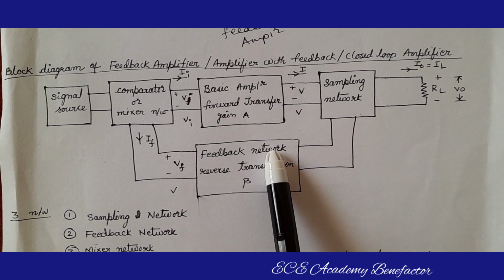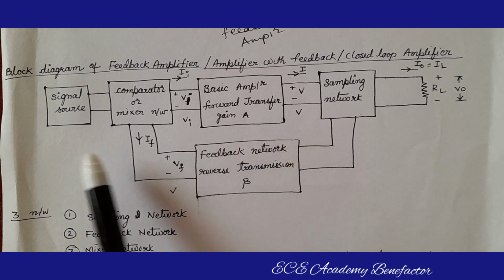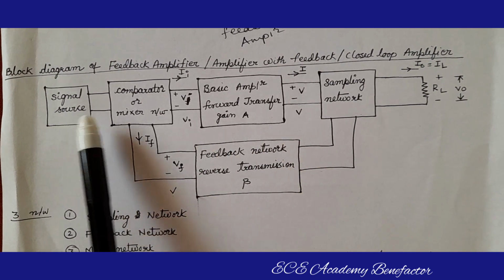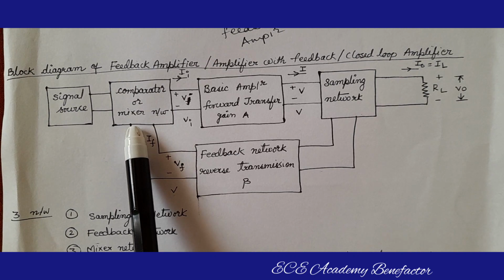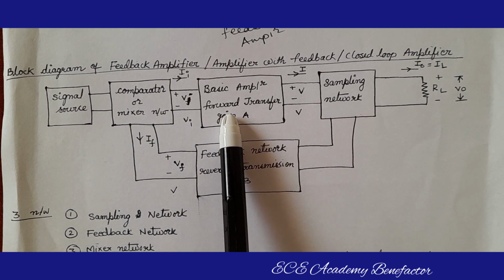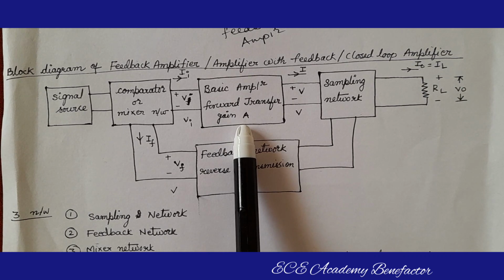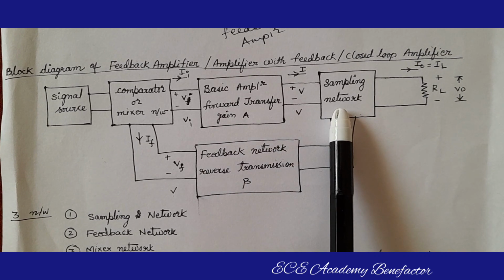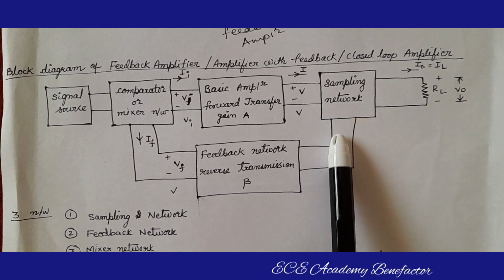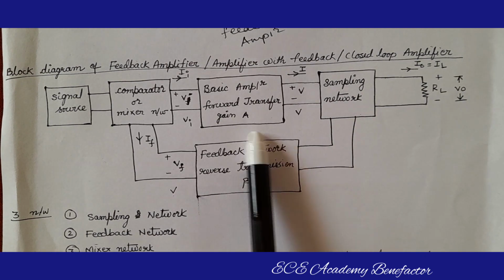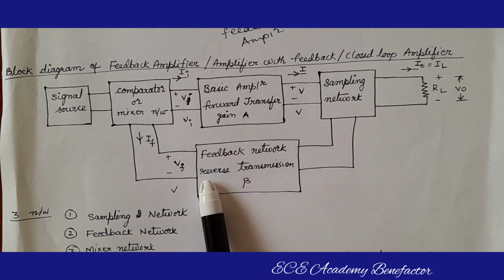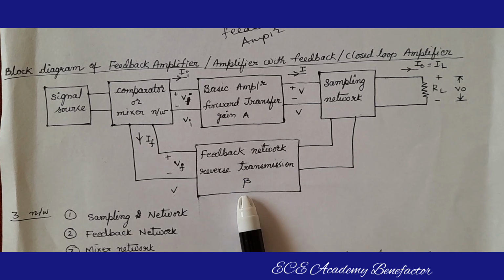So, the basic blocks of a feedback amplifier are the signal source, comparator or mixer network, basic amplifier of forward transfer gain capital A, sampling network at the output side, and from the sampling network it is connected to the feedback network of reverse transmission ratio beta.